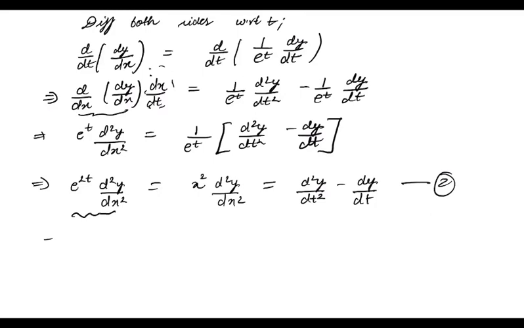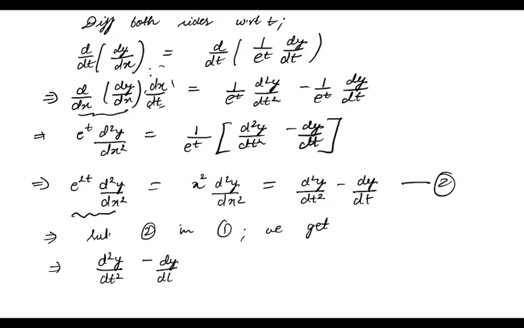Therefore, substituting 2 in 1, we get d2y by dt square minus dy by dt minus n into n plus 1 y is equal to 0.